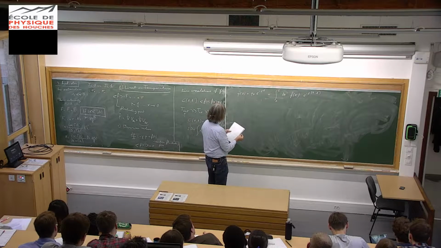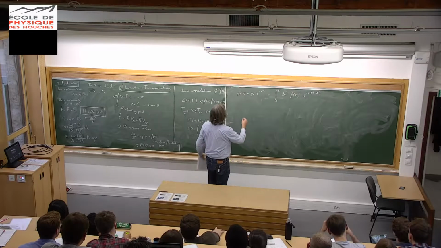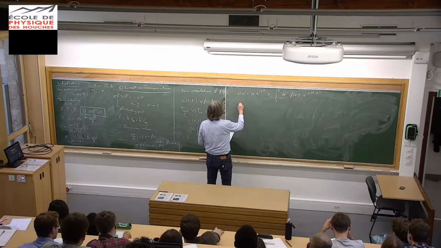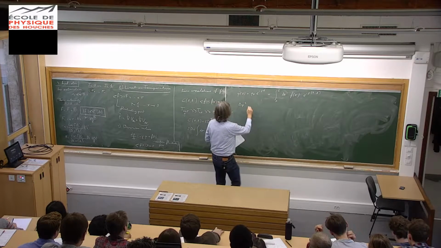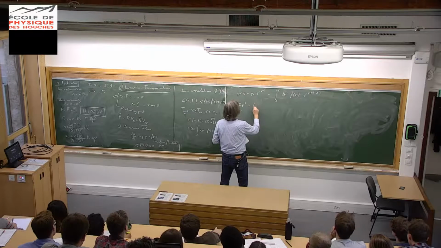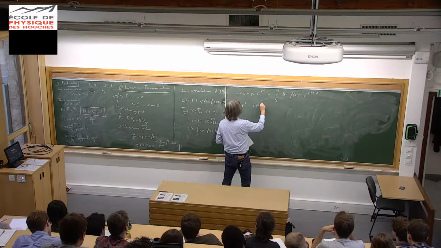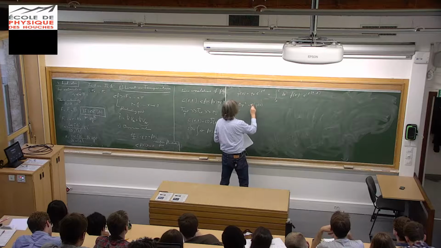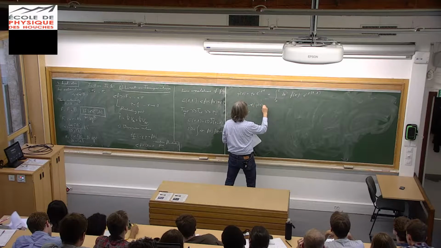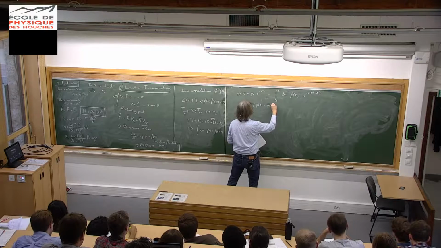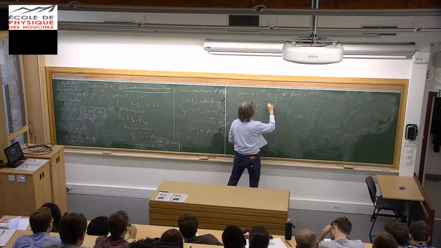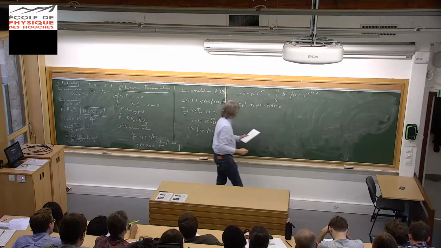And so now what I want to compute is delta p squared, which is just the mean value of p minus mean value of p, squared, and mean value of that.